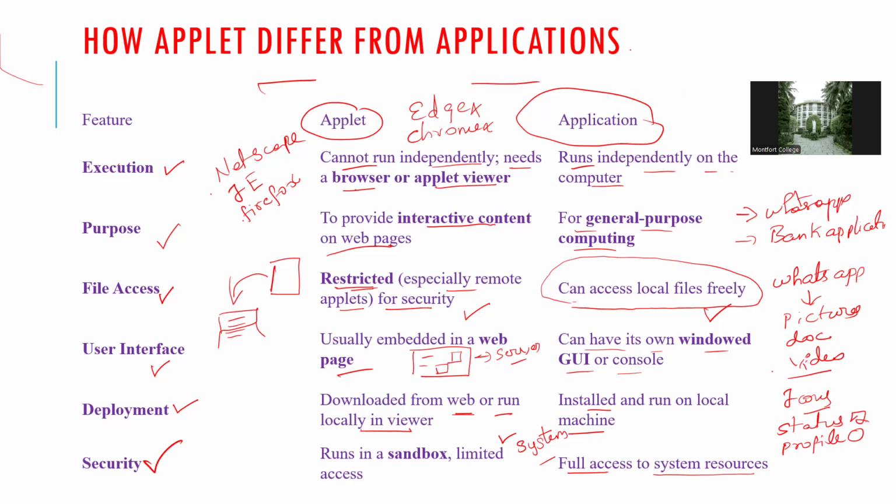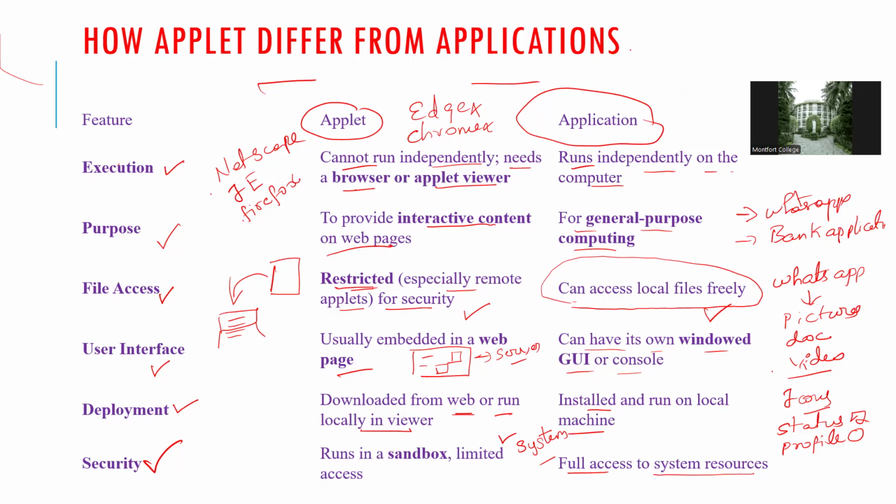For example, in Facebook, if you want to upload something like your photos or any videos, we have the freedom to do that, and full file access can be given, because when we install, we are giving the provision that the app can access the local files. We are only giving that allowance. It will ask, do you want to allow access to the local files?